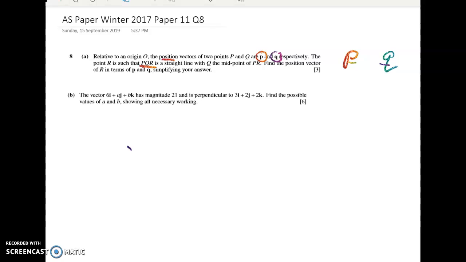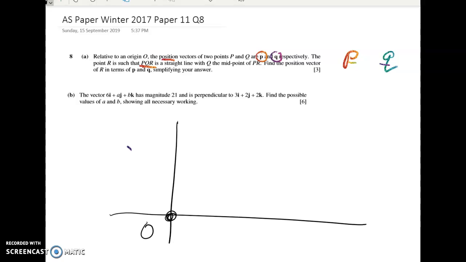Well, it all sounds horrible. Luckily, we can do a picture of it in 2 dimensions with a really bad graph. So here we go. Here's my origin O, and let's just whack 2 points on my graph here. So I've got P here, and I've got Q here.